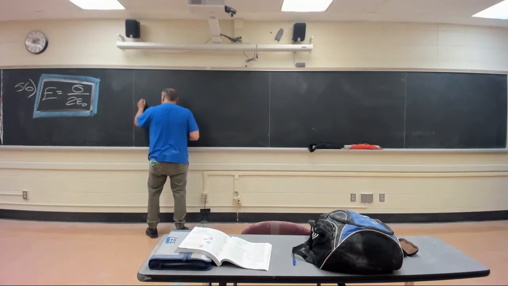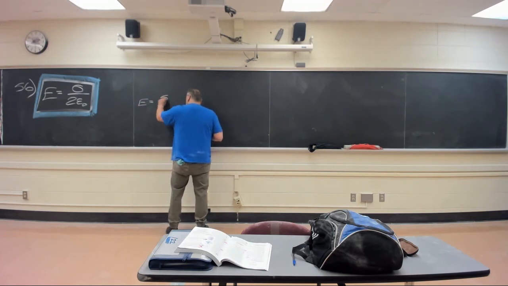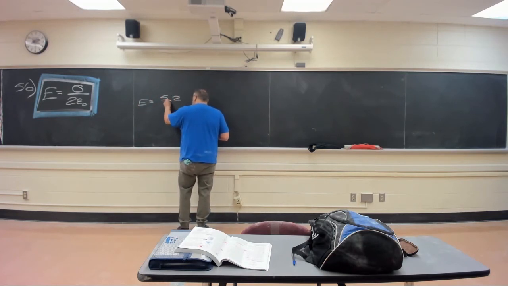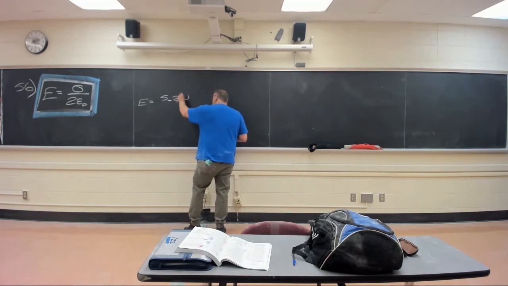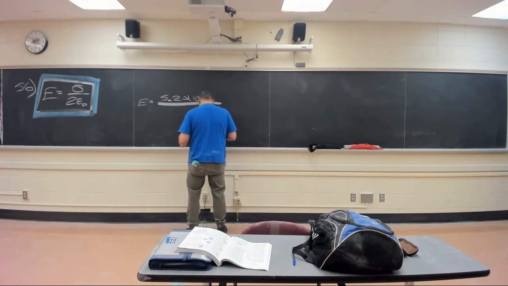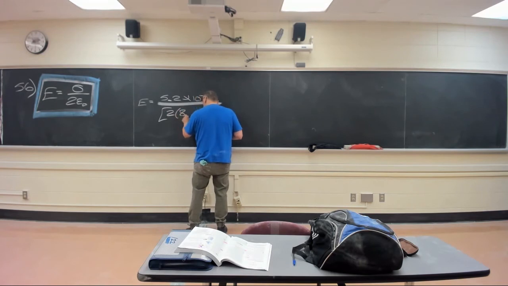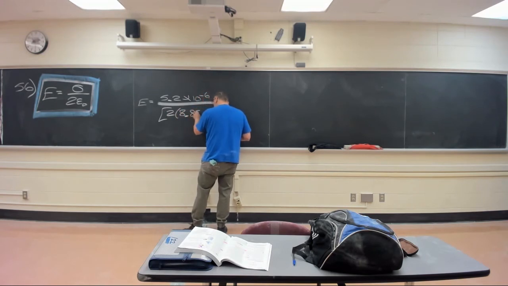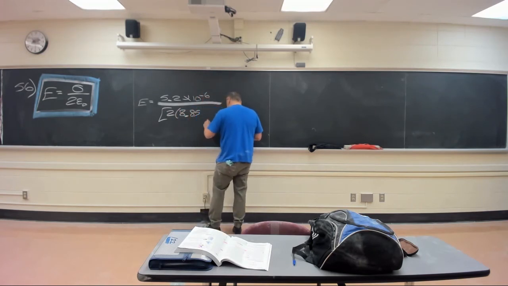Well, for this one right here, epsilon sub naught is 8.55 times 10 to the negative 12.